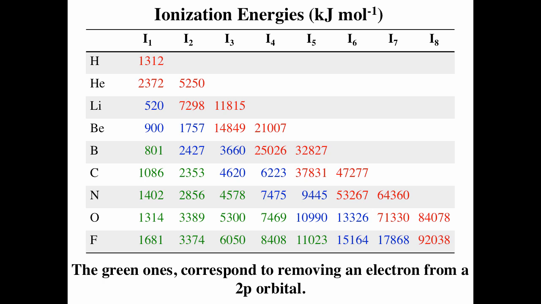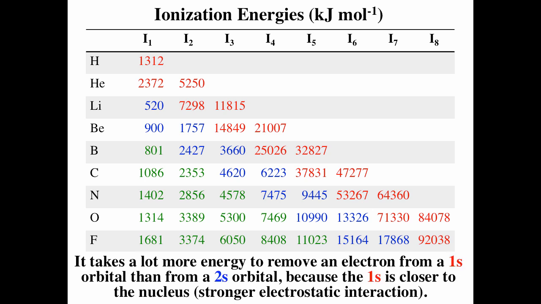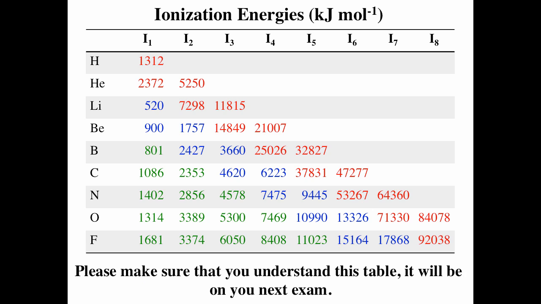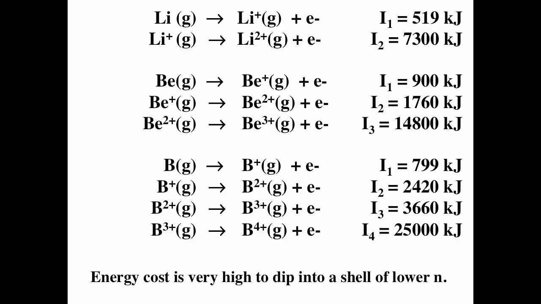And the ones in green correspond to removing an electron in a 2p. And so it takes a lot more energy to remove an electron from 1s than from a 2s than from a 3p. The 1s is closer to the nucleus, so stronger electrostatic interaction, higher ionization energy. So you should make sure that you understand this table and understand what those numbers correspond to.